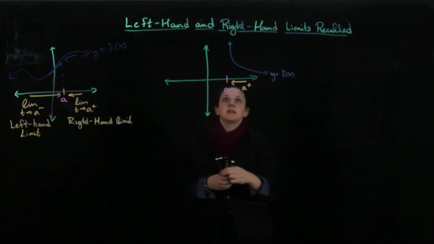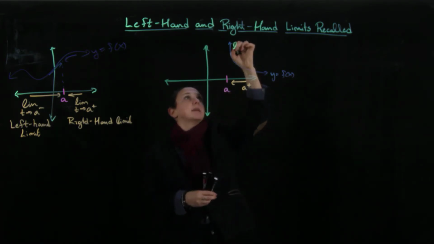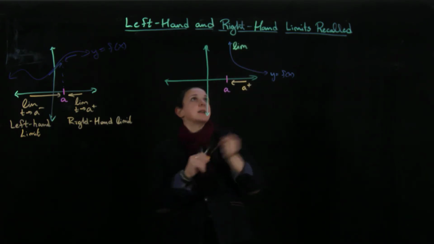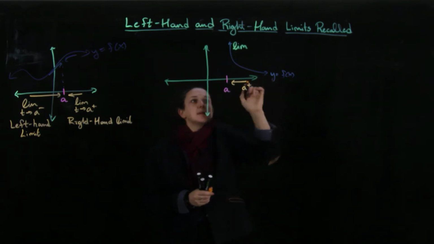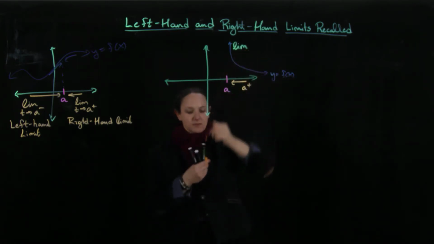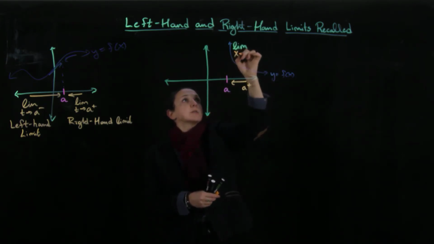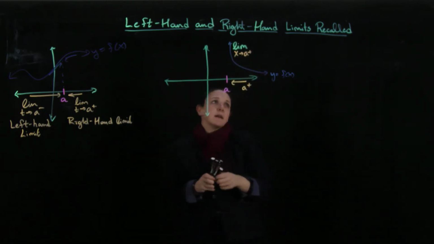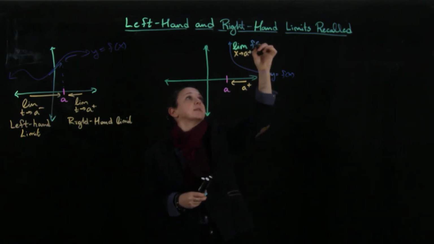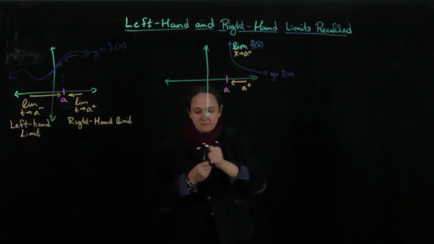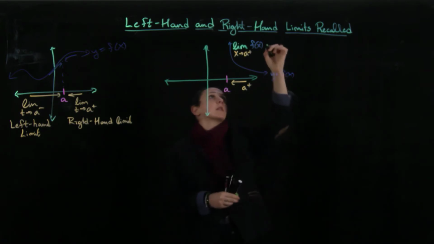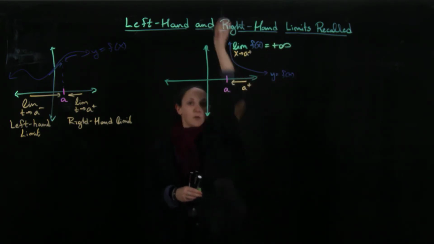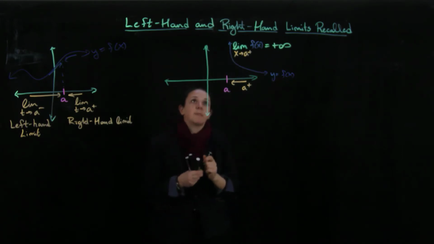And we would have that the limit as x approaches a from the right-hand side of f of x would equal plus infinity, because as I approach from this side, I go infinitely far up.